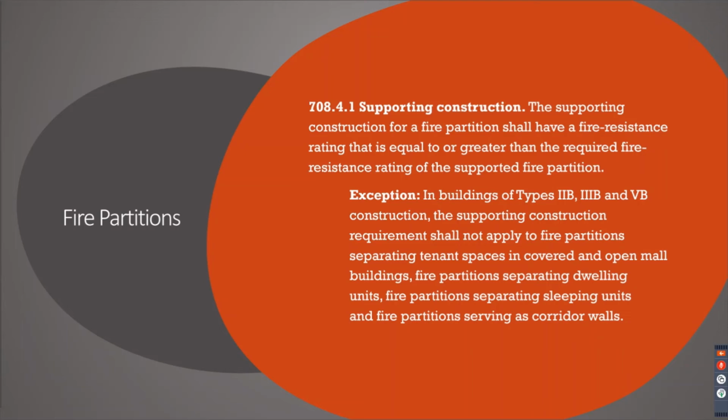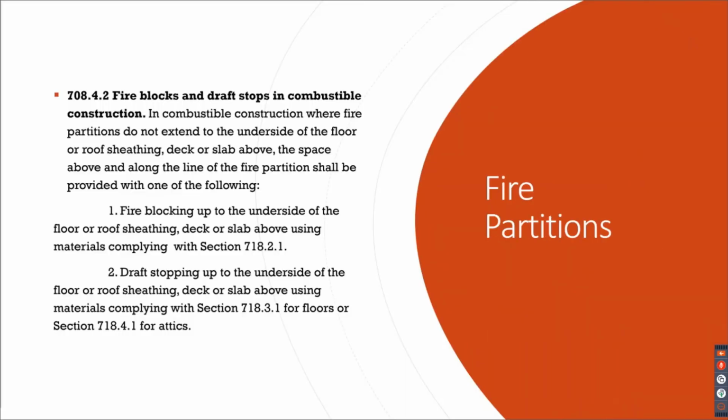And again, make sure to have that conversation with structural: is this support for movement only, or is this support actually holding the wall up, where if the support burns down, the wall falls down? Make sure to have that conversation so you're protecting what needs to be protected.